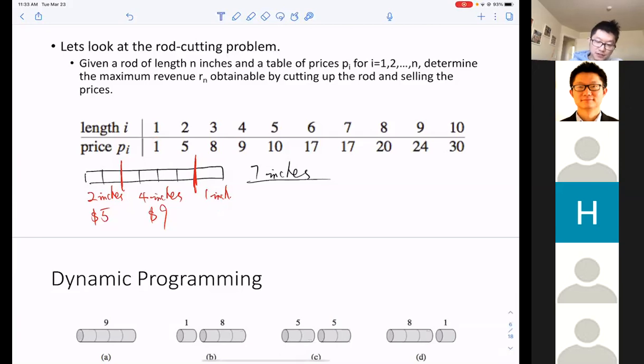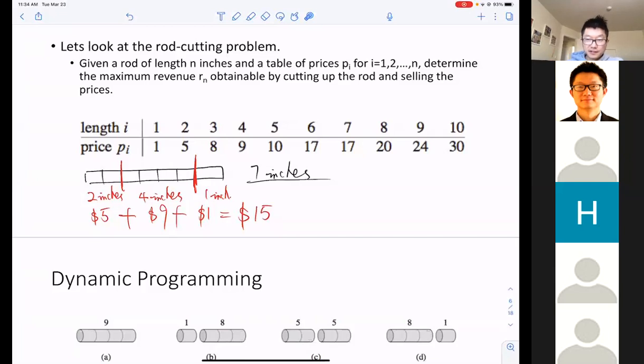Yes. So the revenue from this cut is 5 plus 9 plus 1 equals $15. In this problem, you are asked to find the best way to cut a rod of a certain length so that the total revenue from selling the pieces is maximized.